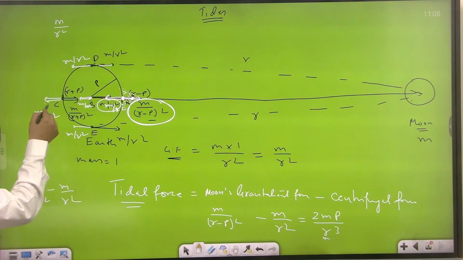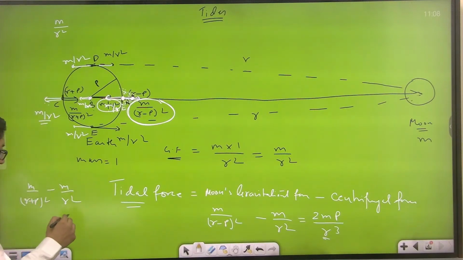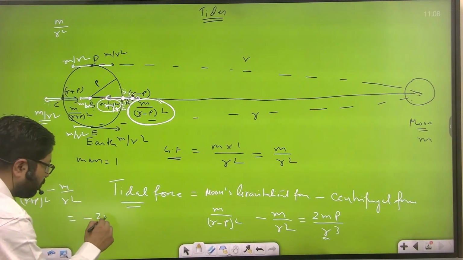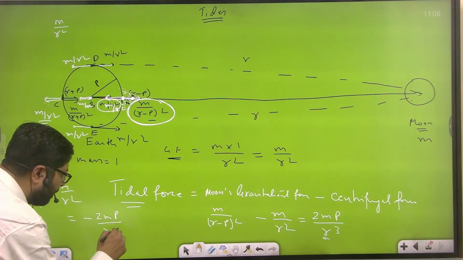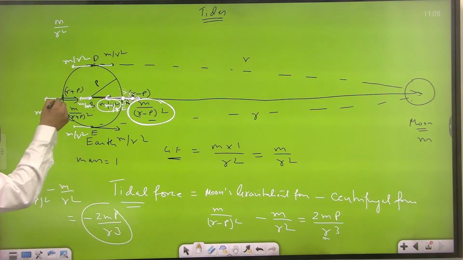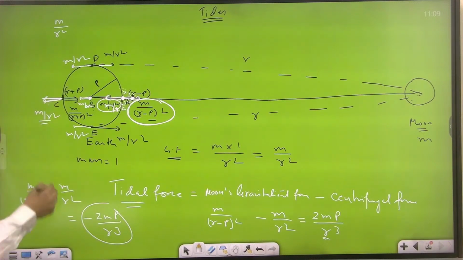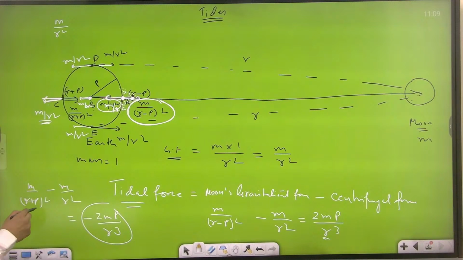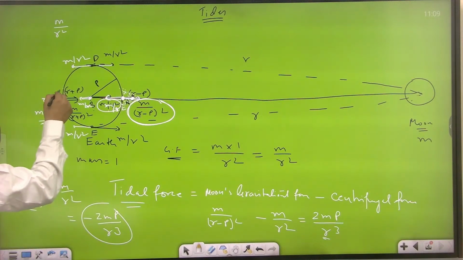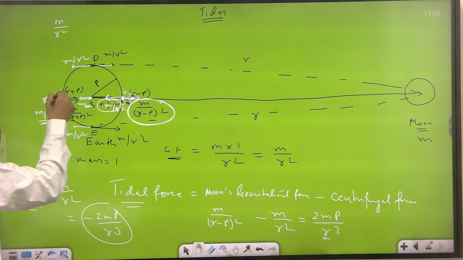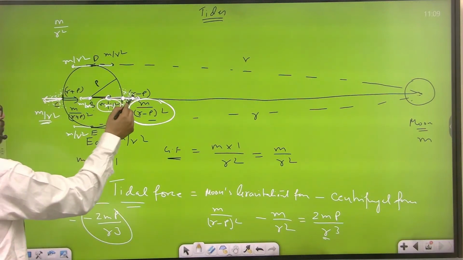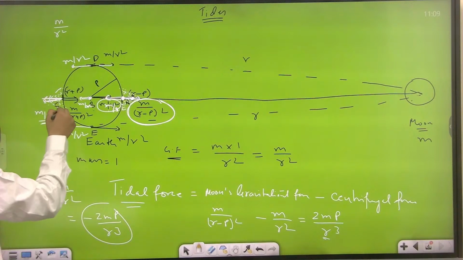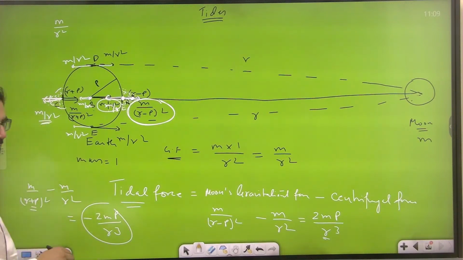Here centrifugal force happens to be larger, giving minus 2mp upon r cube. Minus indicates that it is directed in this direction, because m upon r square is bigger than m upon r plus p whole square. As a result, a high tide will get formed in a direction opposite to the moon, exactly opposite to the moon's meridian.